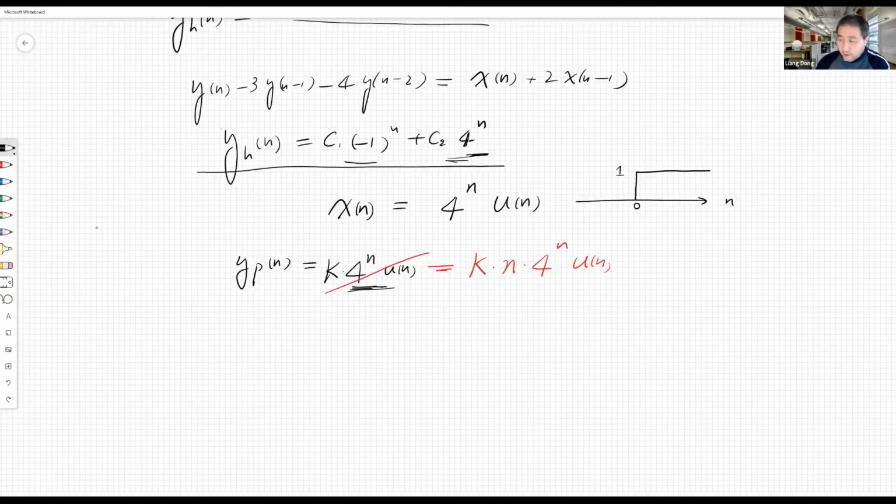Now, we substitute this particular solution into my original difference equation, the first line.